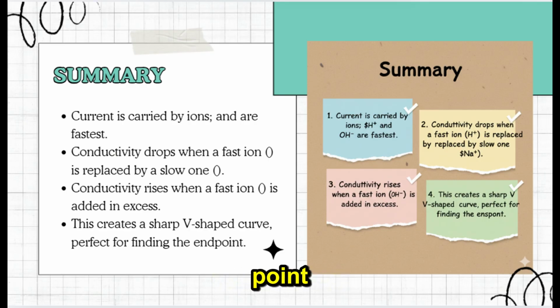After the equivalence point, we start adding a different fast ion, causing conductivity to rise again. And 4. This drop and rise create a sharp V-shaped curve, allowing us to find the equivalence point with high precision, even in solutions where visual indicators are useless. And that's conductometric titration in a nutshell. It's a powerful tool that turns a chemical reaction into a simple, easy-to-read graph.